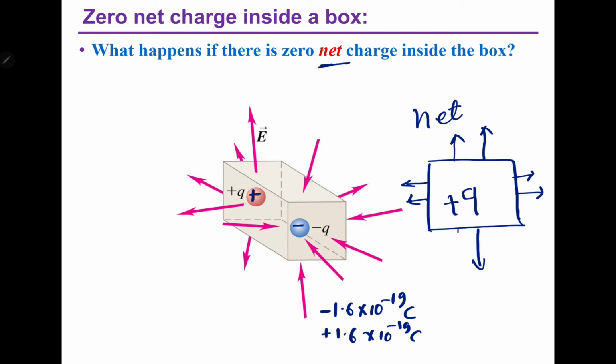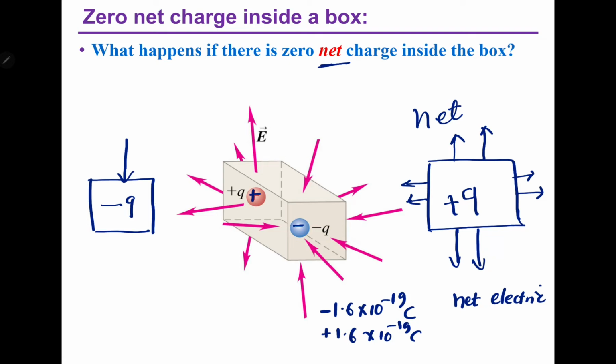So this surface will have a net electric flux, because there is net charge. Similarly, if you put a negative charge in this box, there will be electric flux, of course, but the direction is opposite. So this is called electric flux.